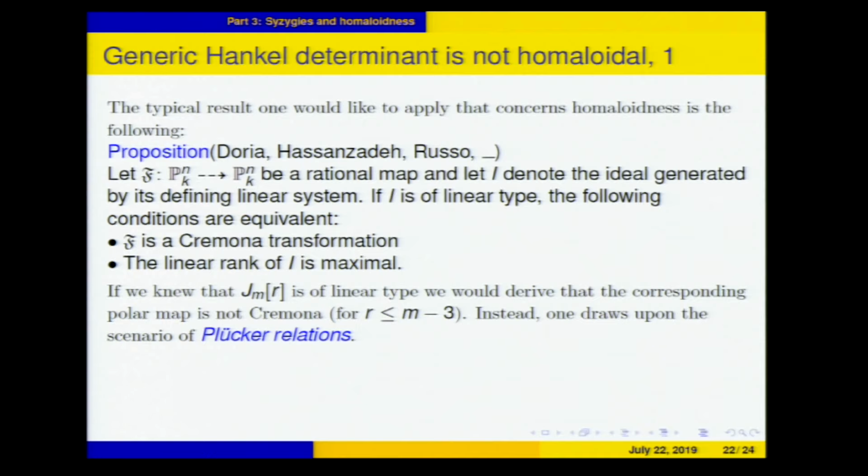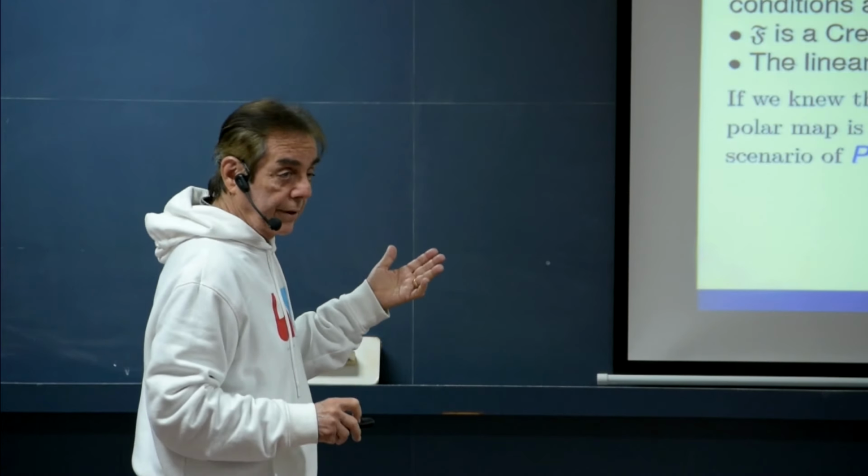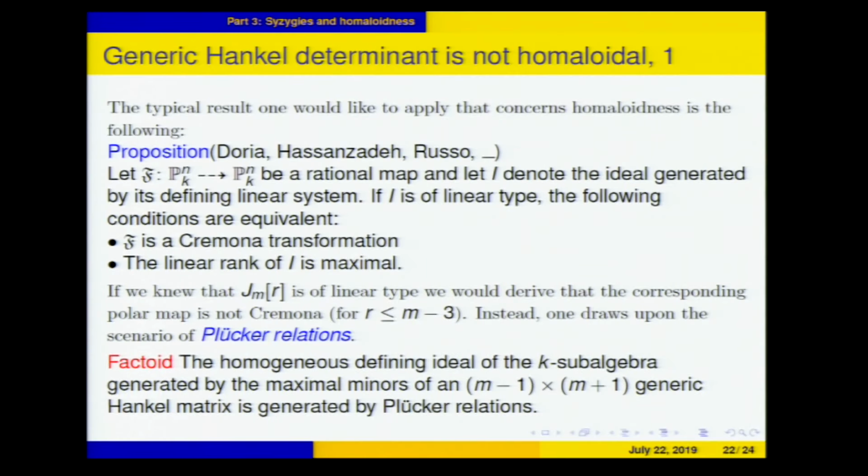And the something else is to look at these Plucker relations. Although these are Hankel matrices, you can still look at the Plucker relations as if it were completely generic. And some of the things work. Like this, I call this factoid: the homogeneous defining ideal of the K-algebra generated by the maximal minors.